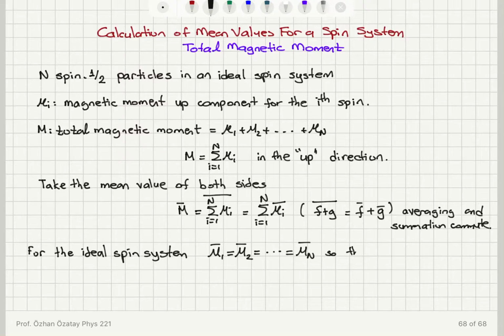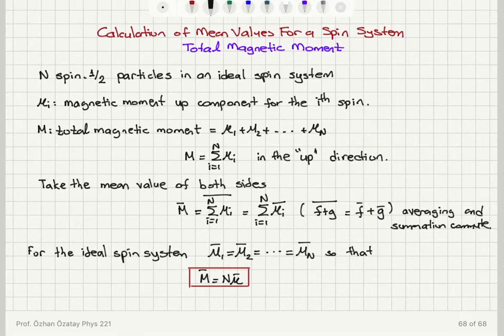So if you do this summation, sum over I equals 1 to n of mu sub I bar, you would get the total magnetic moment average is just the number of spins times the average moment per spin. And it's the same for all spins, because it's the ideal spin system.